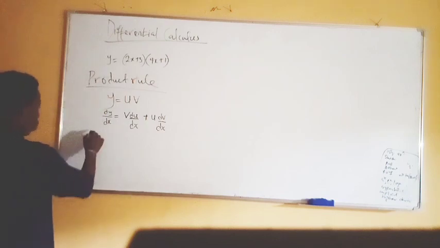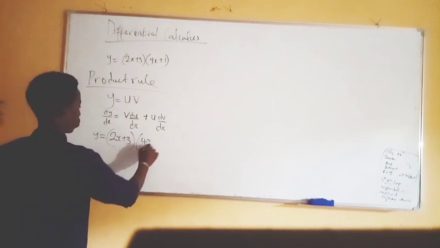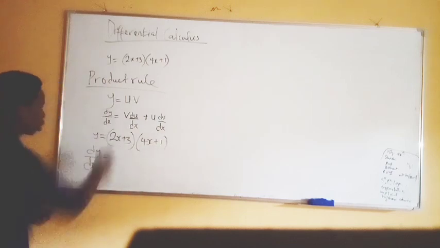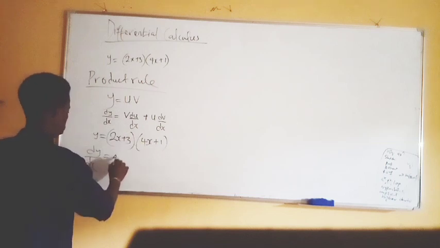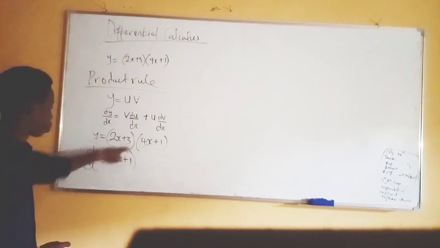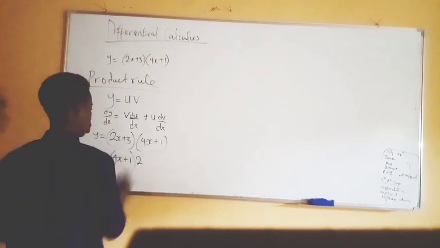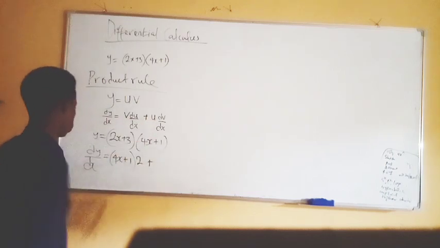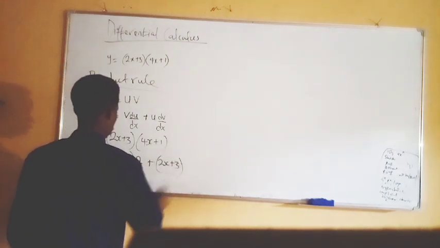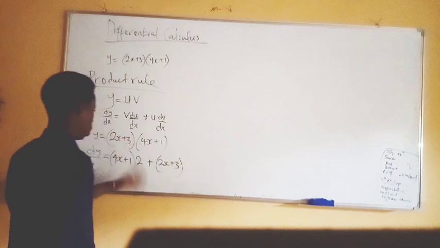If y is equal to 2x plus 3 times 4x plus 1, our dy dx gives us v, which is 4x plus 1, multiplied by, now we differentiate 2x plus 3. If I differentiate 2x plus 3, I'm going to get 2, plus u, which is 2x plus 3, multiplied by the derivative of this 4x plus 1. If I differentiate it, I'm going to get 4.